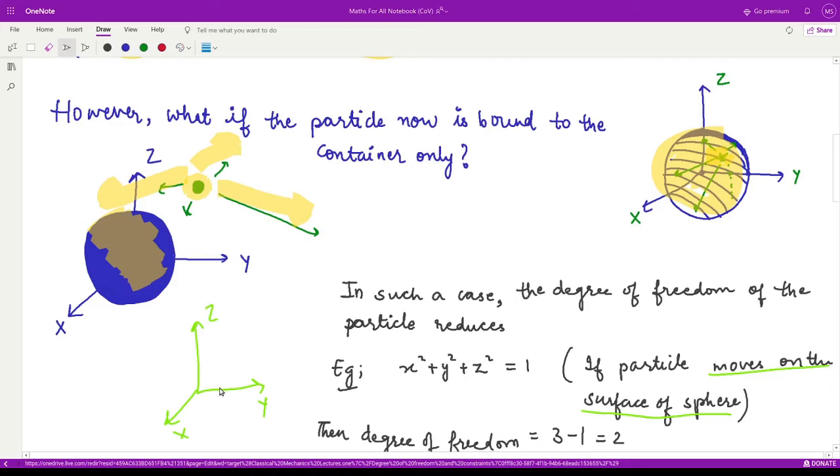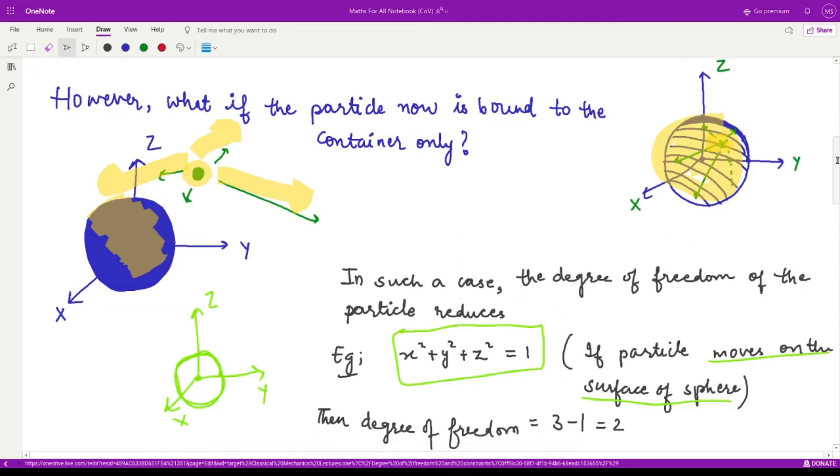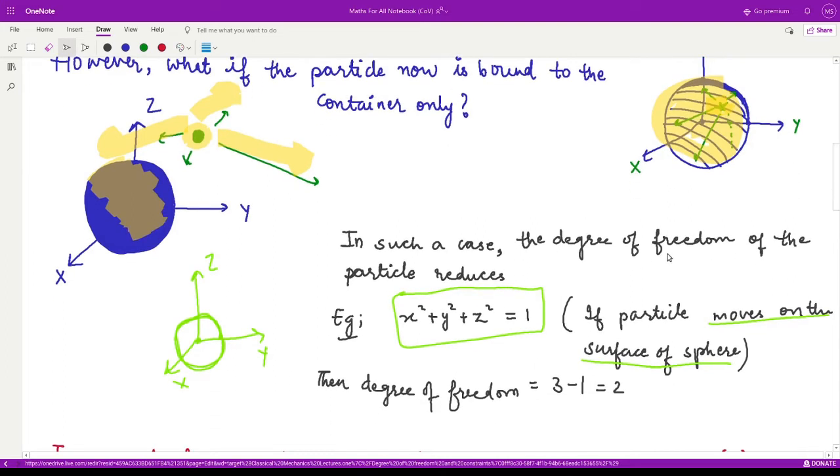Now we have specified that there is a sphere whose radius is 1, and the particle can only move on the surface of the sphere. So we know the equation of the sphere, that is x squared plus y squared plus z squared is equal to 1 squared, situated at the origin and having radius 1. This is the equation which we can use to restrict the motion of that particle.